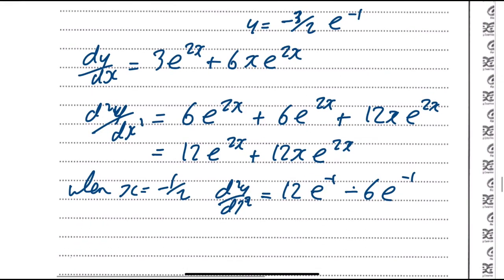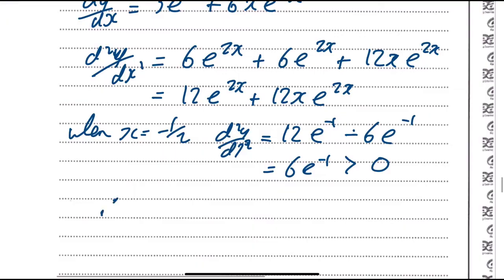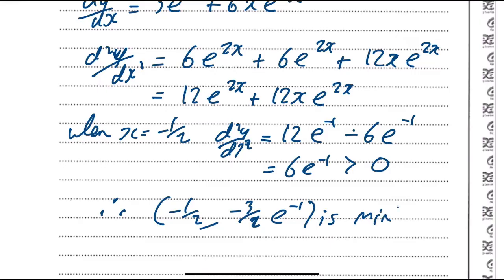So e to the minus 1 is positive. 12 times e to the minus 1 minus 6 times e to the minus 1 is going to be 6e to the minus 1, which is going to be greater than 0. Therefore, what that tells you is your point, which is minus a half, minus 3 over 2 e to the minus 1, is a minimum turning point.